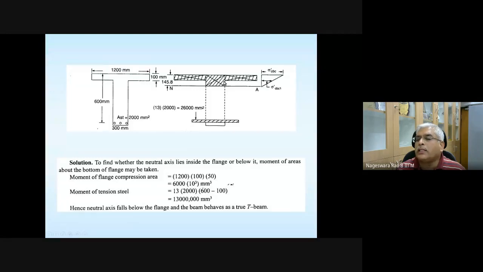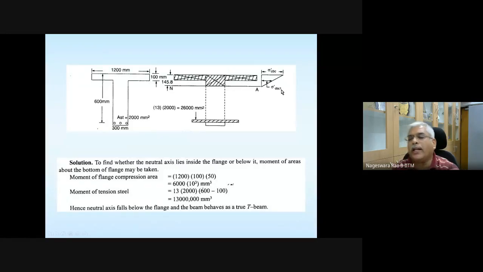I am also interested in the stress at the junction between the flange and the web. What is the stress at that level? That is denoted with sigma CBC 1 prime, or sigma prime CBC 1.